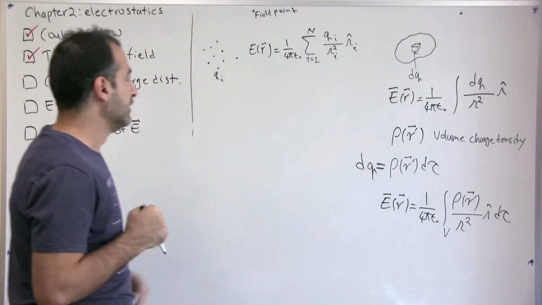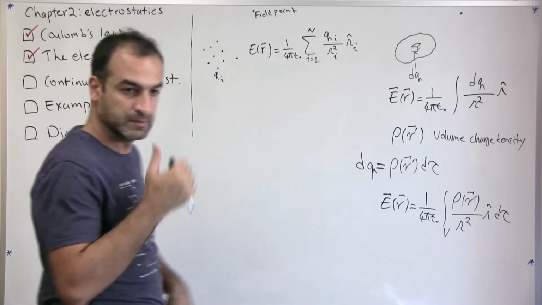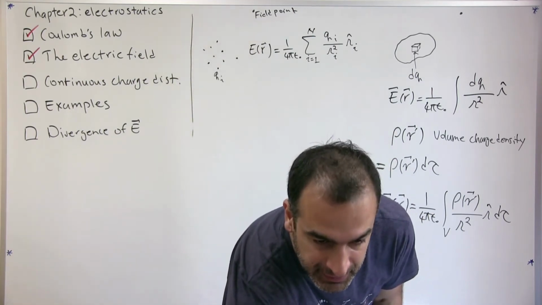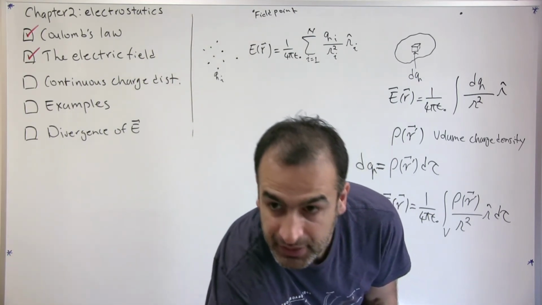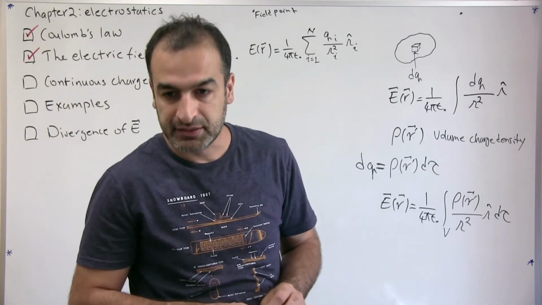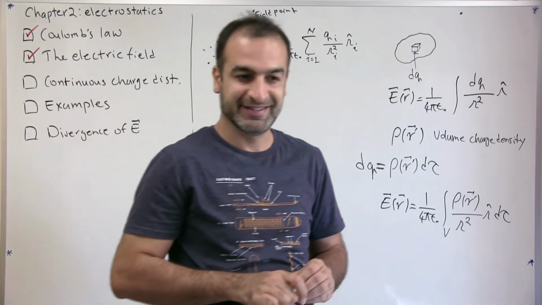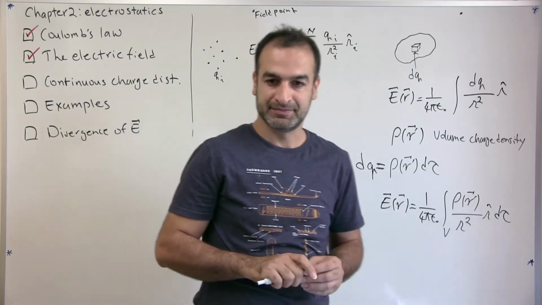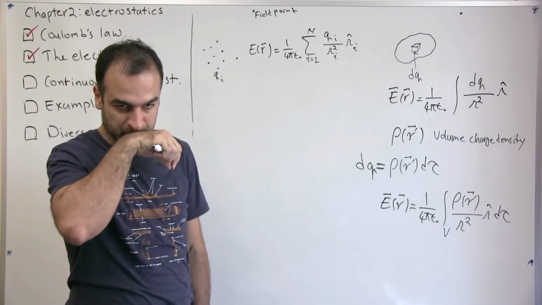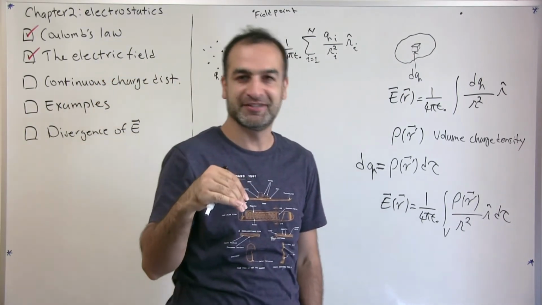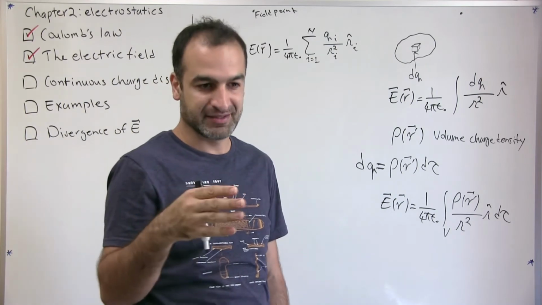Okay. Somebody had a question in the chat. Somebody asked if the mass is related to the electric field. Is mass related to the electric field? No, that's a separate thing. You can have a lot of mass and no electric field, or you can have the other way around: a little mass and a lot of electric field.